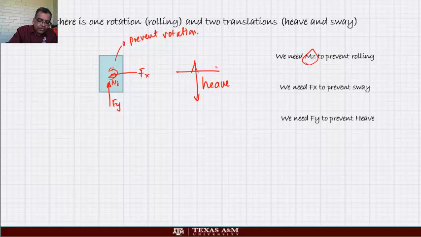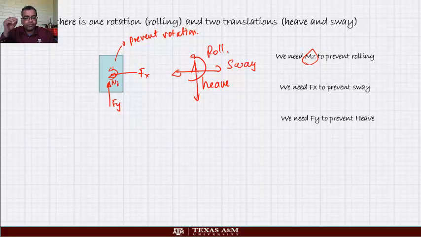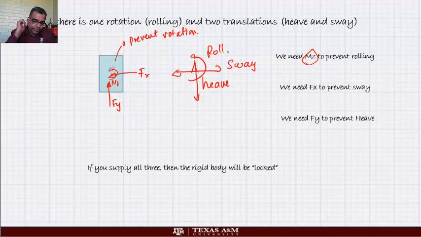Going sideways is called sway. And rolling around like this is called roll. Okay, so I will need something to prevent it from swaying, something to prevent it from heaving, and something to prevent it from rolling. Okay, this is a fully constrained object.